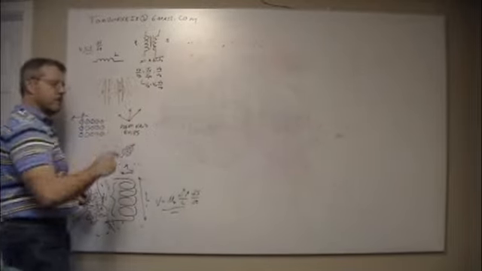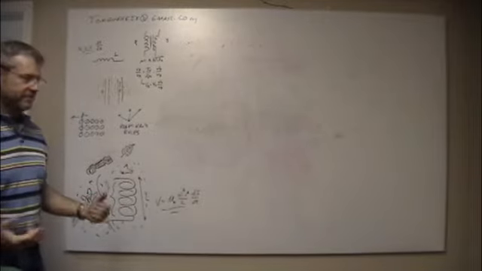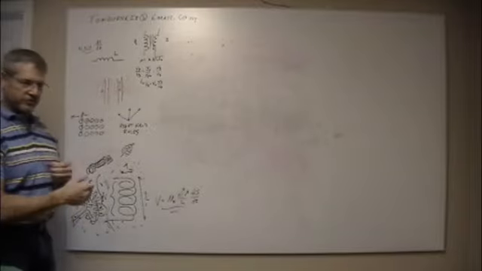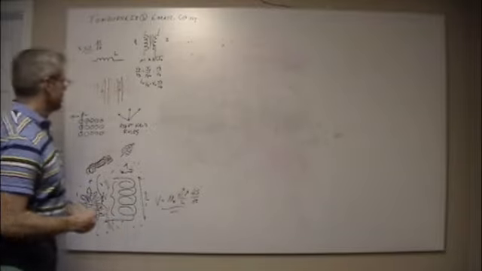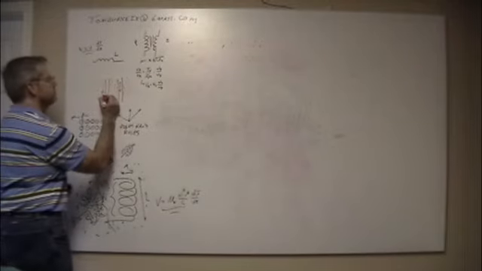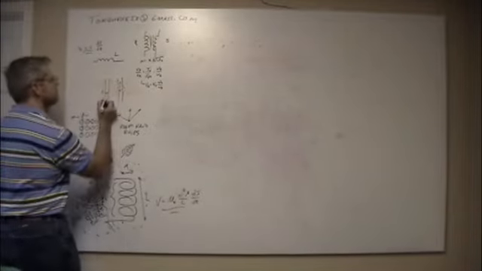An electron moves through a wire, creates current, creates a magnetic field. Another wire nearby, that magnetic field crosses that wire, which causes a reverse current, which tries to make the electron go the opposite direction.